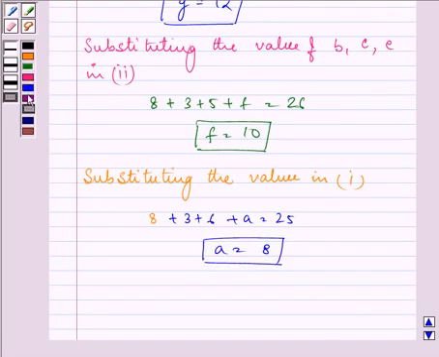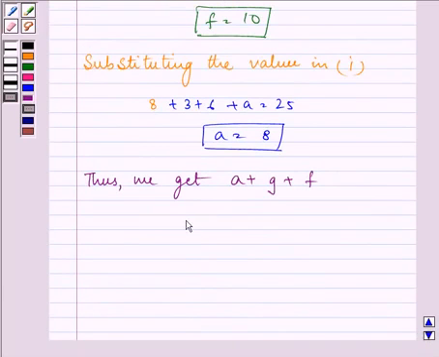Thus we get A plus G plus F as 8 plus 12 plus 10, that is 30.